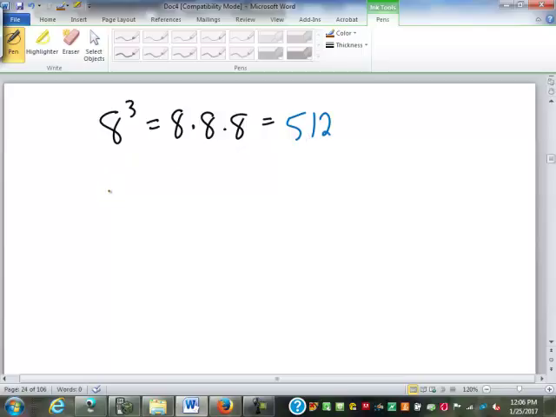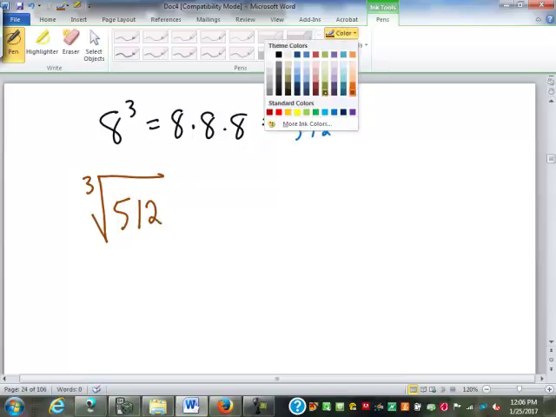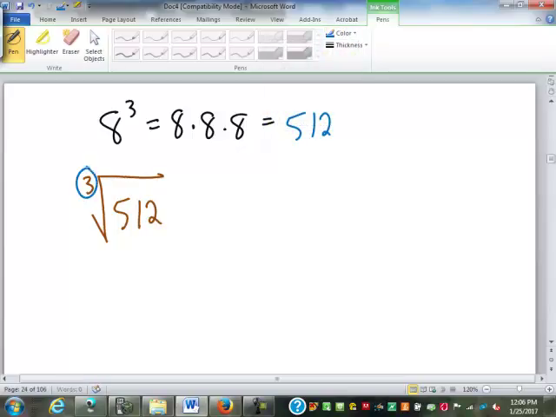So let's take a look at the opposite. What if I wanted to get from 512 back to 8? Well, the opposite of a power is a root. This here is called the index of the root, and notice it corresponds to the power that it is going to be the inverse of.